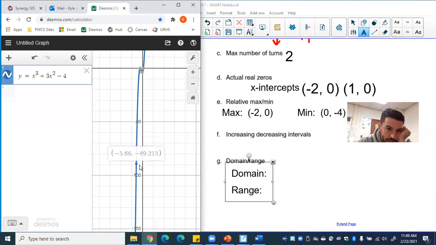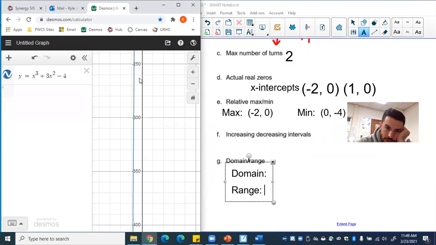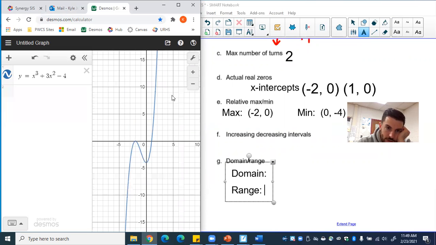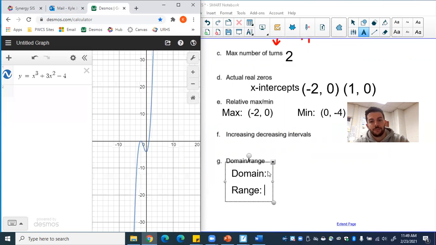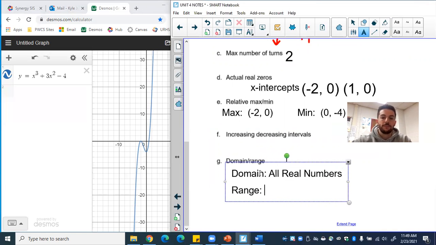And no, there's not, right? If you focus on the x values as I go down here, they continue to just gradually increase, right? -6.9, -7.3. They will continue to do that all the way down, okay? So this graph will never stop extending left and right, the same thing as it goes up. So we would say for that, all real numbers, okay?